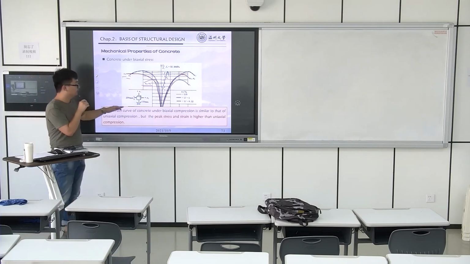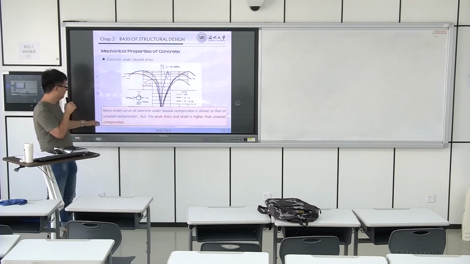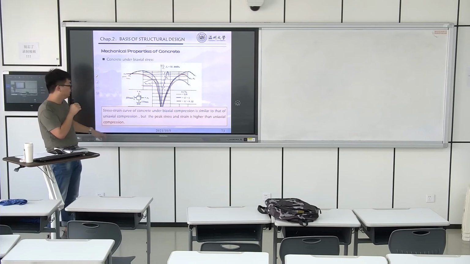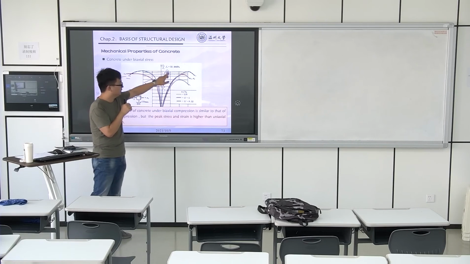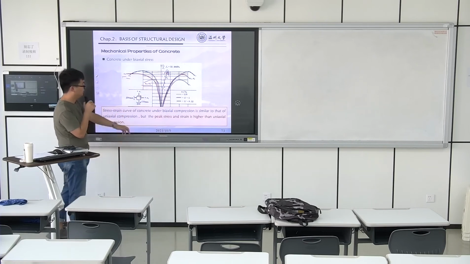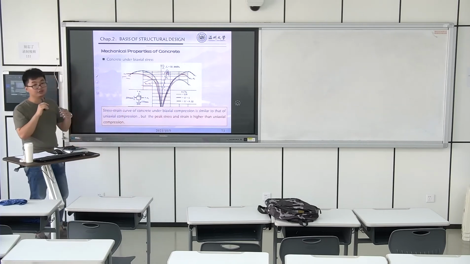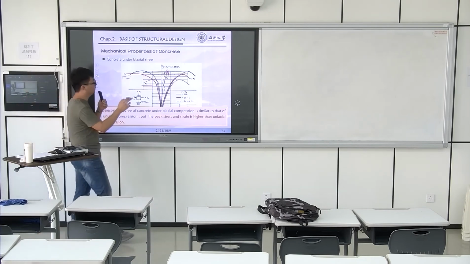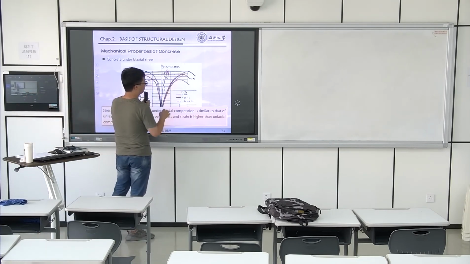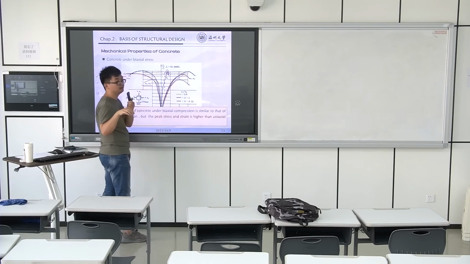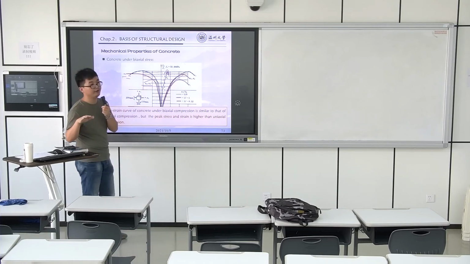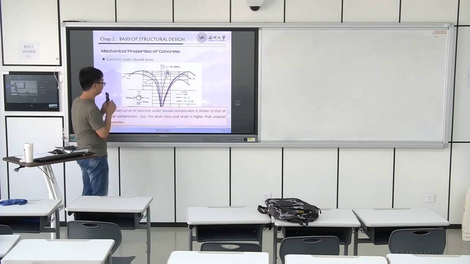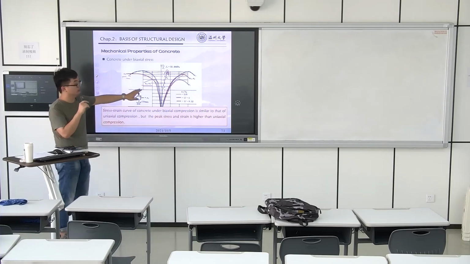This curve is similar to the uniaxial compression, but the peak stress and strain, this peak value, is higher. The shape is similar, because here we increase compression in two directions, right? Do you remember this curve?